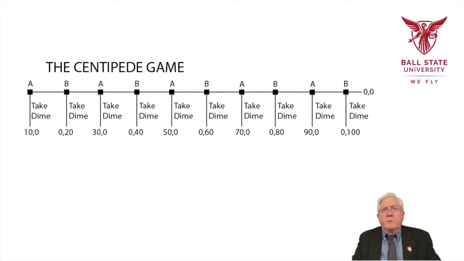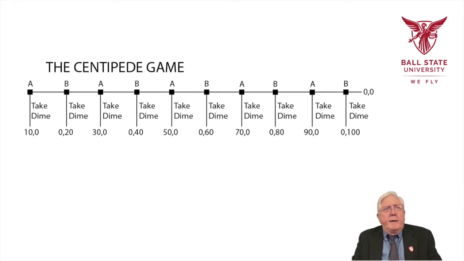Player B, it's his choice, and player B can choose to take the $1 and walk away, in which case player A gets 0, or move back and risk the fact that in the next play back, player A can take the 90 cents, leaving player B with 0. On the other hand, playing back one more, player B can take the dimes at 80 cents, in which case player A gets no dimes.